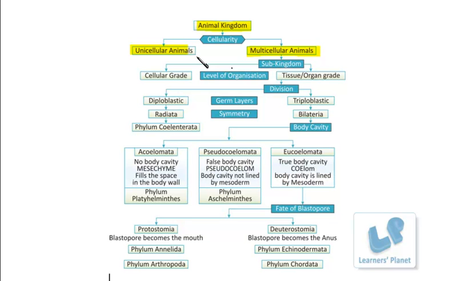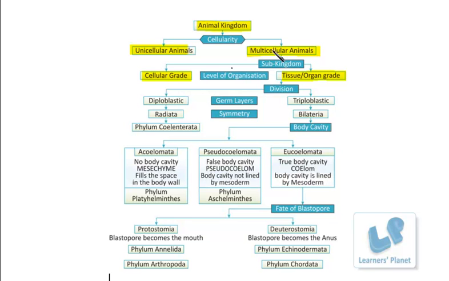Then if the animals are multicellular, as I already said, we look at whether these cells are organized into tissues or other developed forms or not. If it shows the cellular grade of organization, you know which group has this feature. I mentioned this in the earlier slide, isn't it?